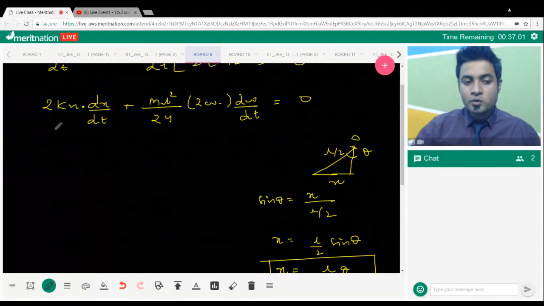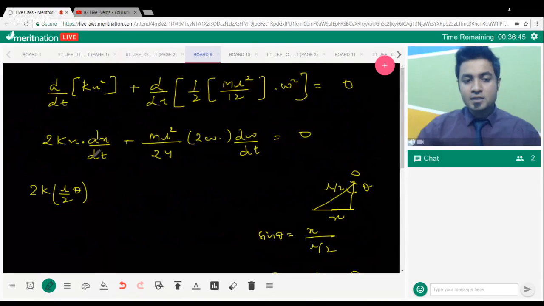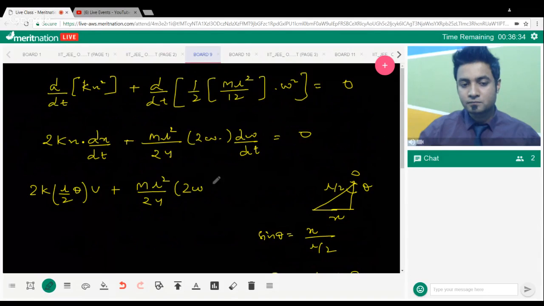So what I'm going to do is put everything in the form of l, in place of x. So this is l by 2 theta, and dx/dt is nothing but v, and this is ml²/24, this is 2 of ω, and ω dω/dt is nothing but alpha, right?